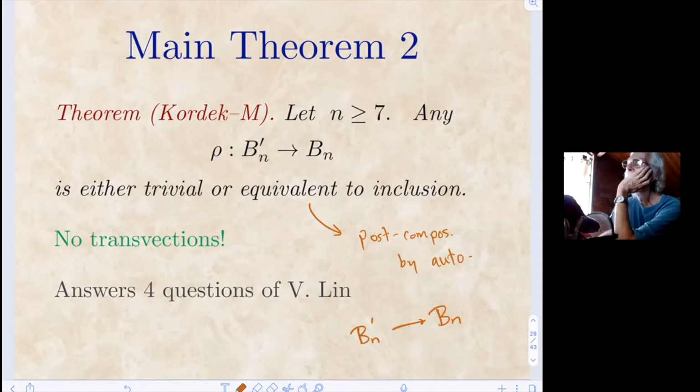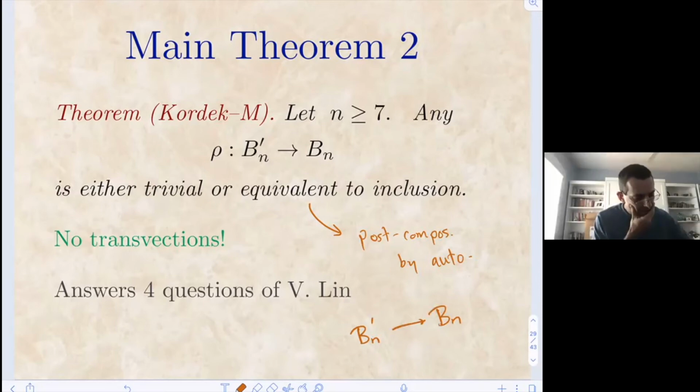And the point is, there's a natural map from Bn to Bn plus 2 prime. And then there's inclusion of that into Bn plus 2.